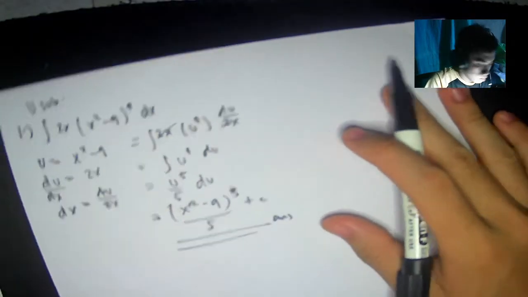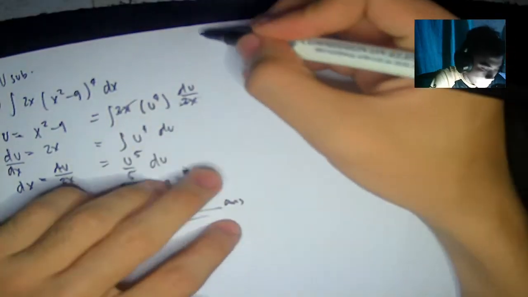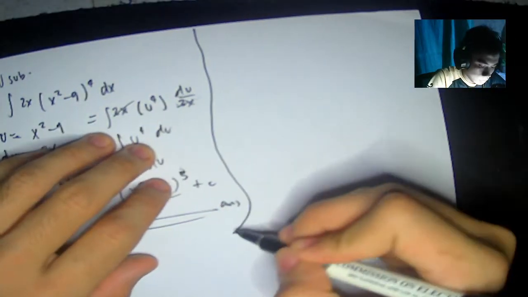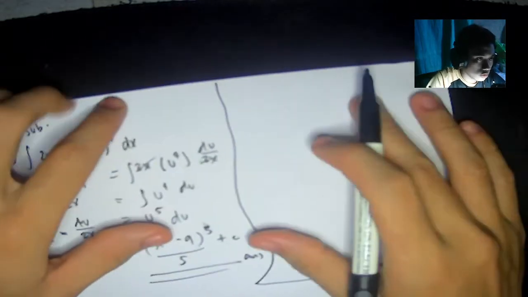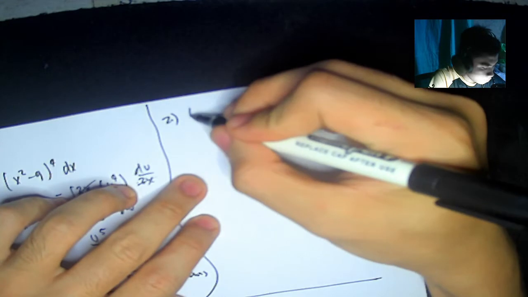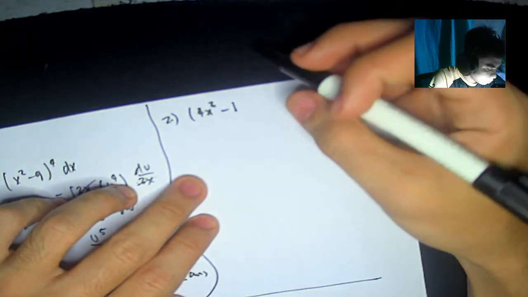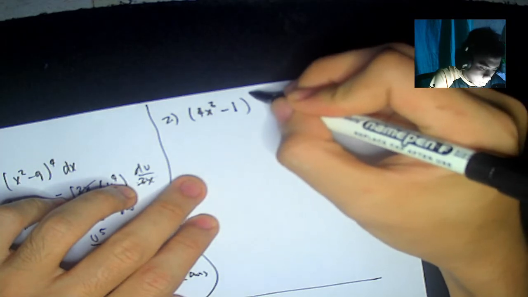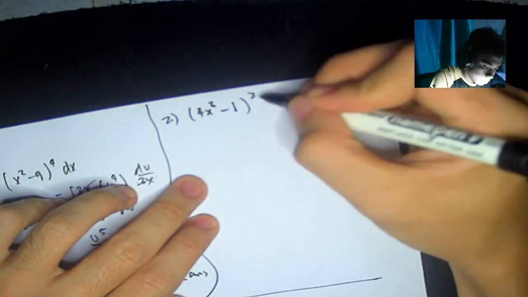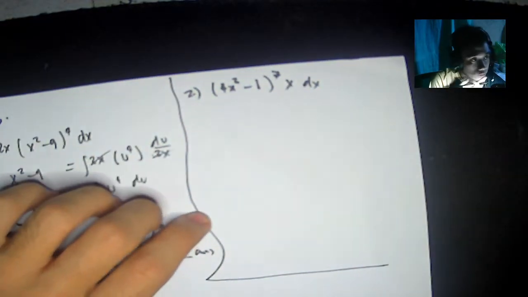So next, let's see if we have space here. So let's try. Just a review. So number 2. We'll have the integral of (4x squared minus 1) to the 7th times x dx.